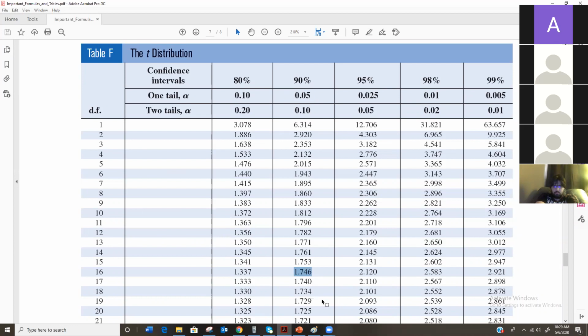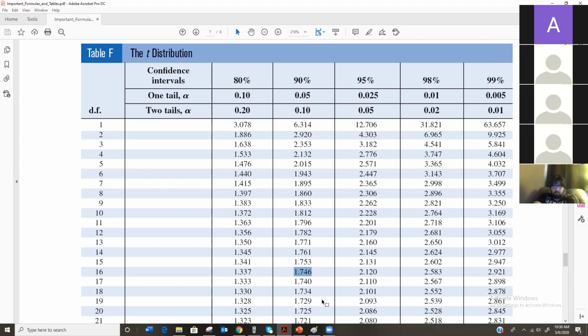The chart gives 1.746. I don't know if your homework will say to go to 2 decimals or 3 decimals, so 1.746 or 1.75, depending on where it tells you to round it. When I give you guys a hypothesis test, it will never be close enough that rounding to 2 decimals instead of 3 decimals makes you wrong. I mean, if I give something that's a reject, it's going to be like 2.1.